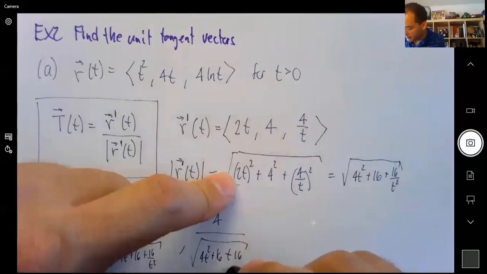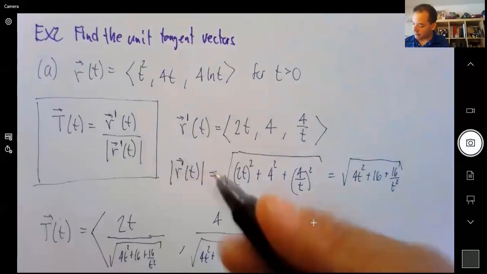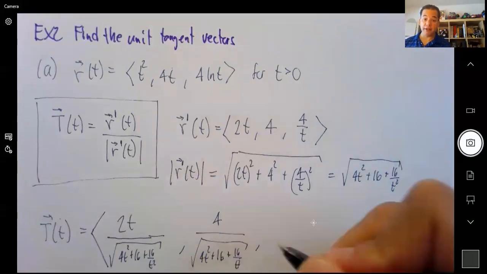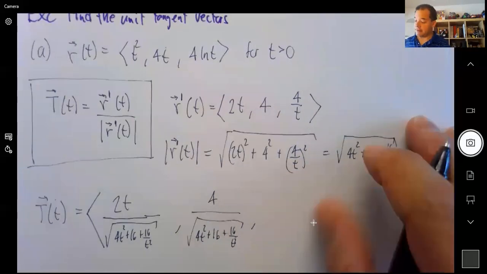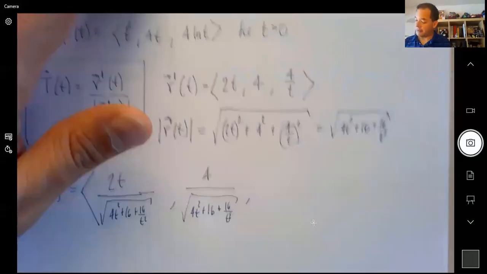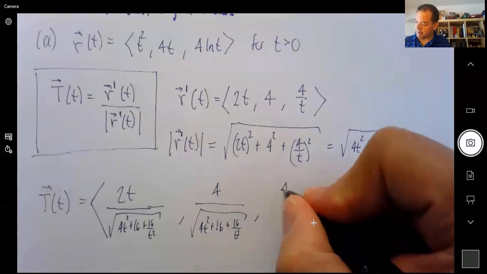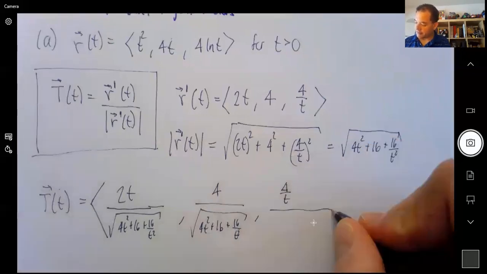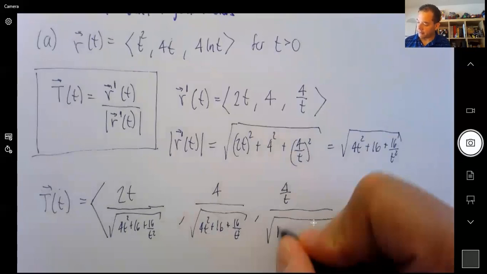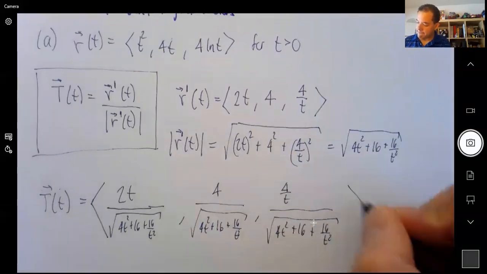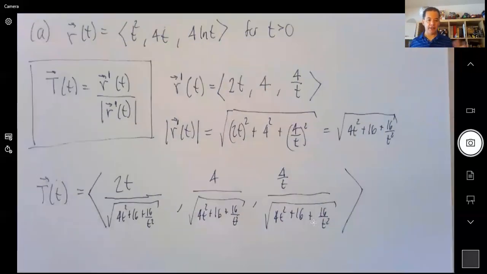You could do that if you were to do something else with this vector, then of course it would make sense to simplify it. But if this is the final answer to this question, then why? Let's just leave it like this. This is the correct answer. That's all we really care about. And that's it. That's the unit tangent vector.